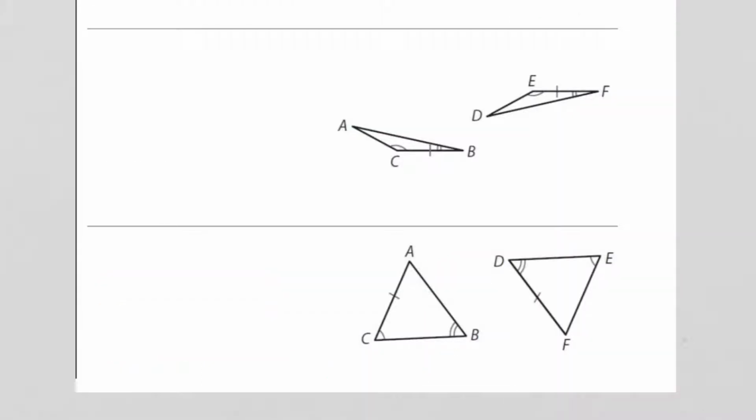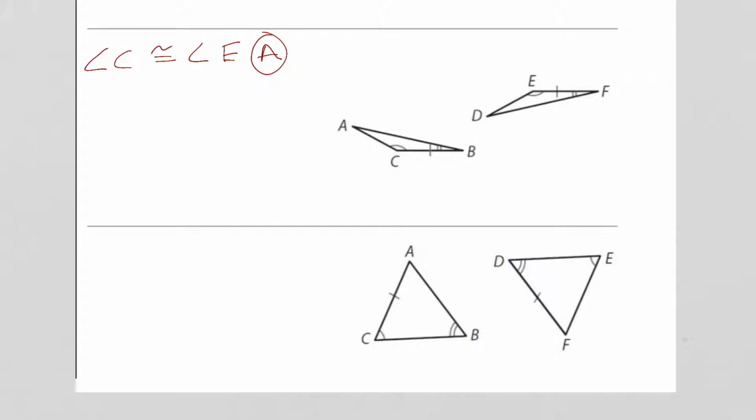In this next section, we've got to find out if we've got two angles and a non-included side. Well, you definitely have angle C and angle E. Angle C is congruent to angle E, and there's one of our angle conditions.